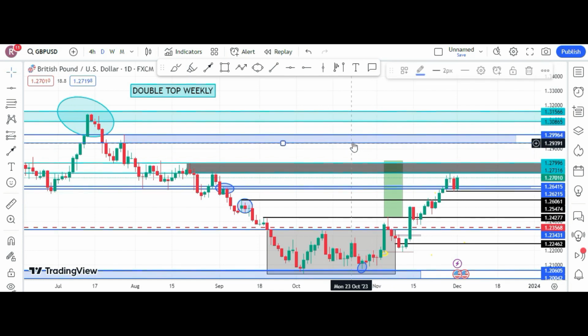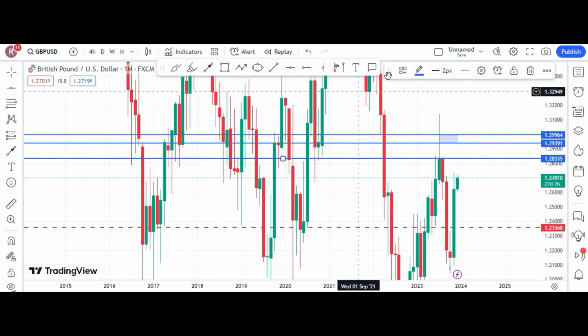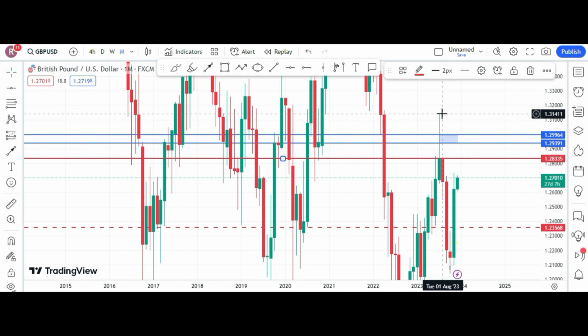Let me draw here, it will be better. If I mark it with a red line here, you can see from here to here it's a big zone in the monthly double top, 128.33 to 131.33.